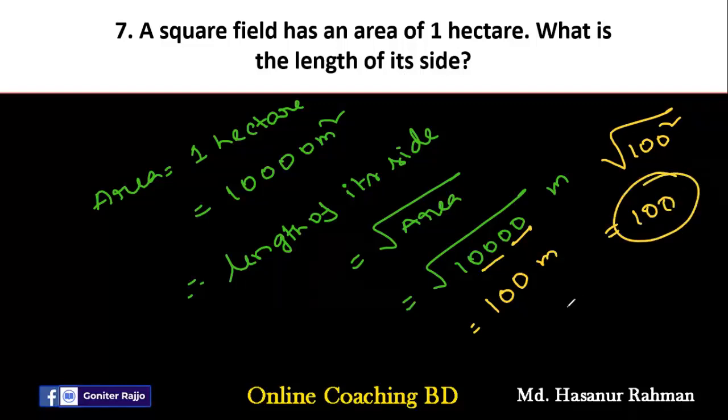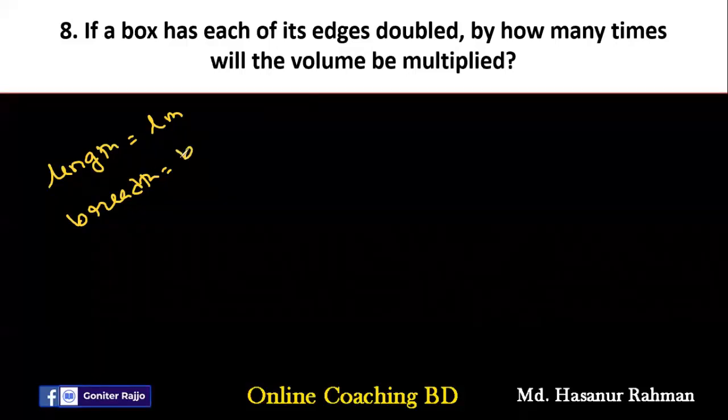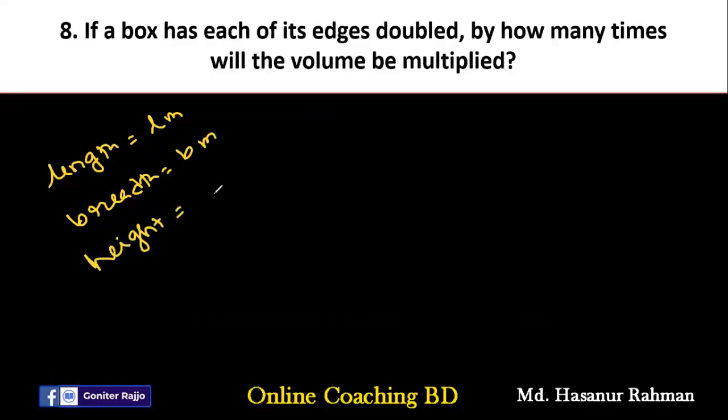Now, number 8. Number 8 says, if a box has each of its edges doubled, by how many times will the volume be multiplied? You can solve it in a lot of different ways. First of all, suppose the length of one box is L meter, the breadth is B meter, and the height is H meter.